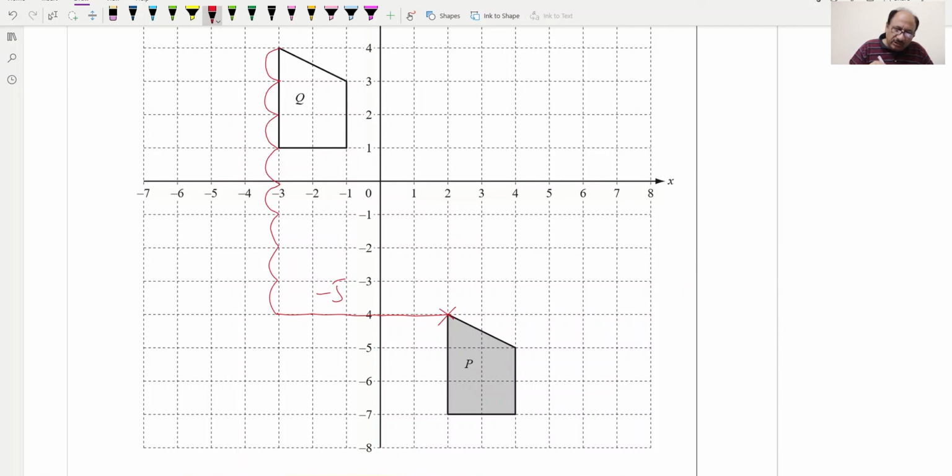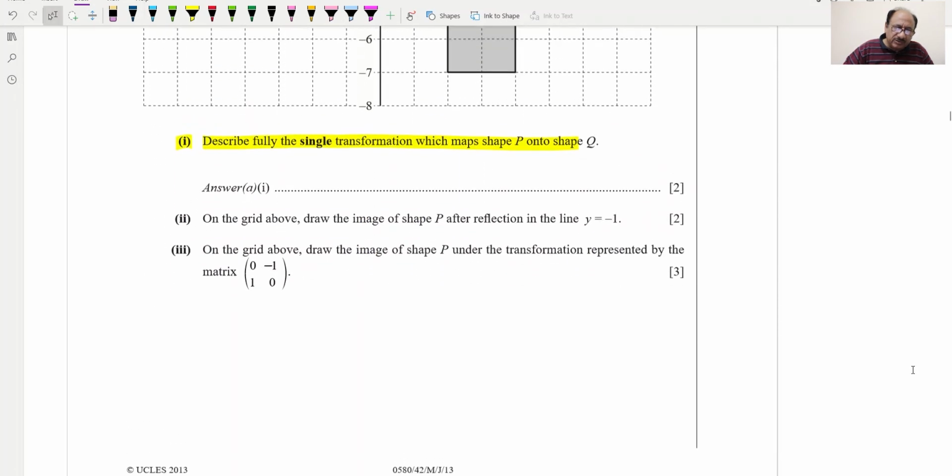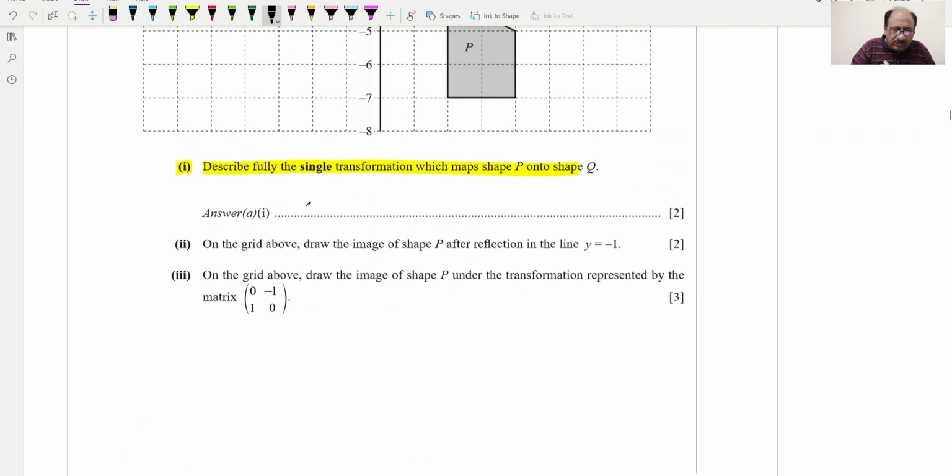So -5 and 8 will be our answer, and it is a translation. We can write translation, and provide the translation matrix, -5 and 8. This will be our answer for 2 marks.